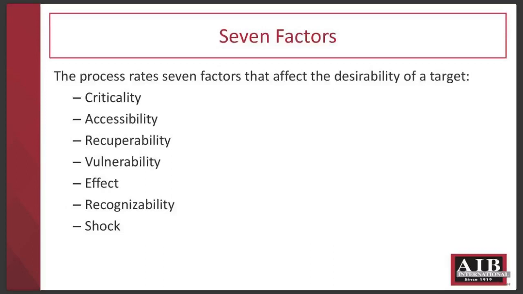It covers the vulnerability of that critical node, what would be the effect if that event occurred, and then the recognizability of the company or that processing step, and last, the shock factor, which covers the financial or backlash maybe on your brand if there would be an issue.